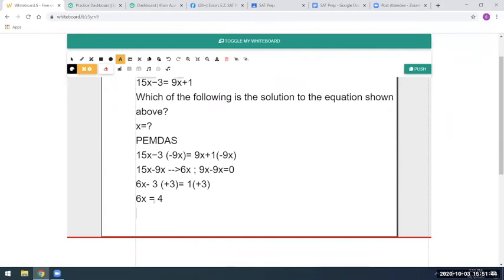That's right, because the x is being multiplied by 6. The opposite of multiplication is division. So to isolate that x, we're going to divide by 6. Then we're going to divide the other side of the equation sign by 6, because we have to keep things equal.